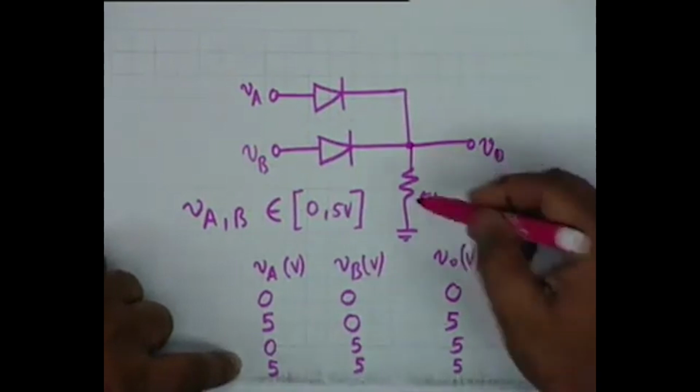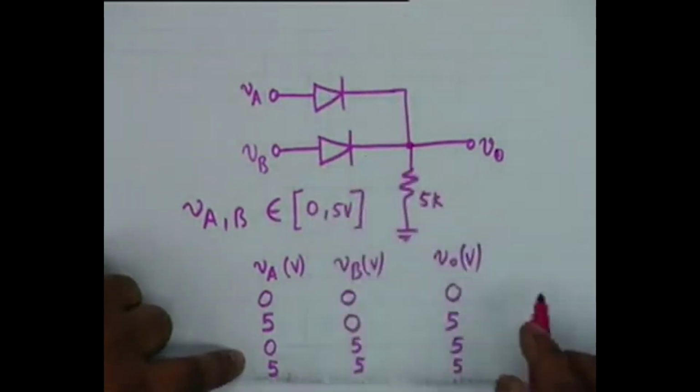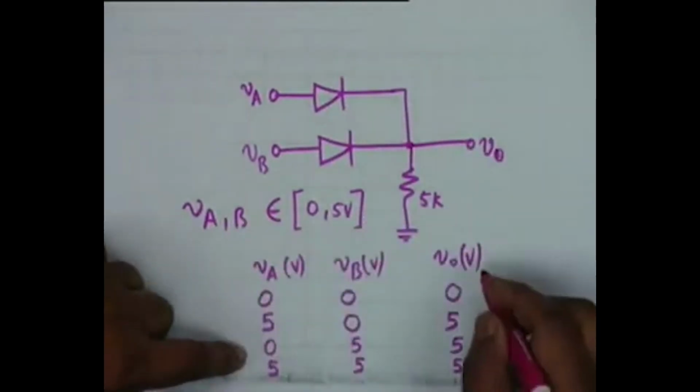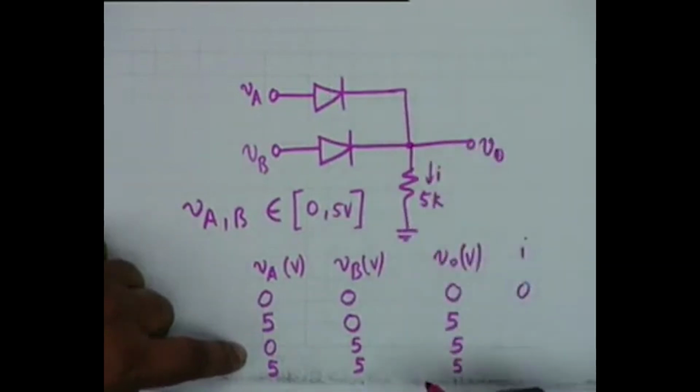What will happen to the current through 5K? Look, suppose I find the current under all these conditions, that is the current I. Here it would be 0.